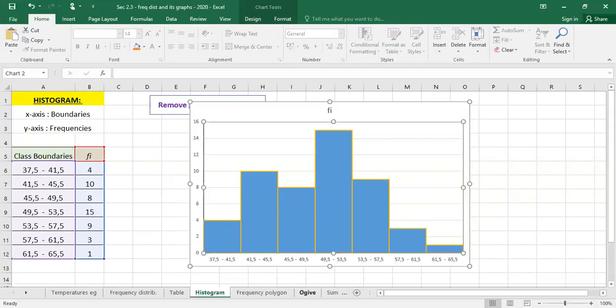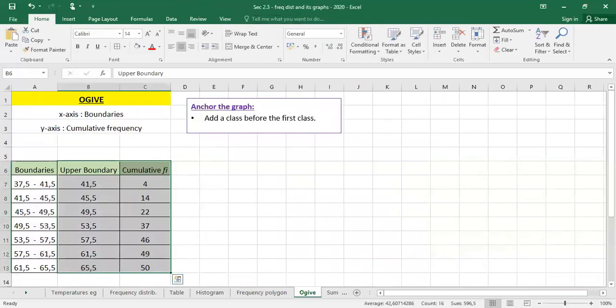But in our ogive, we're actually going to plot our boundaries, each point. Let's look at the first two classes. There's a point 41.5 where they're joining, basically. Then 45.5 joins your second and third classes.